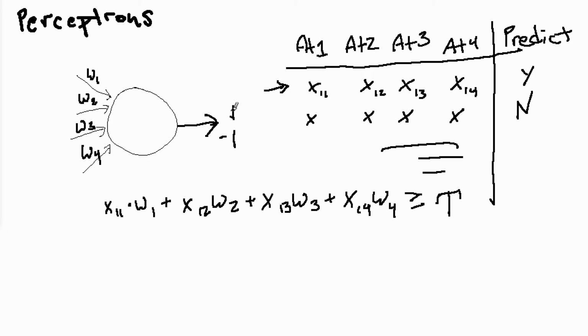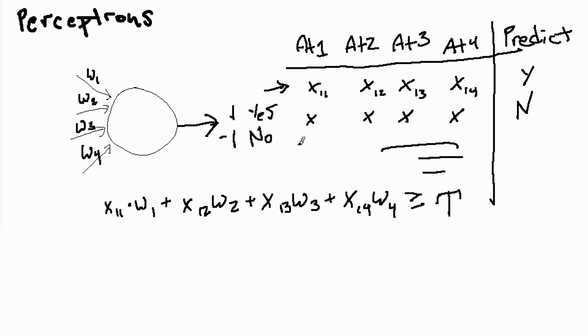Remember last time we had binary output. Now we're going to make it bipolar output. It turns out that the two models are completely equivalent, but it's computationally easier to talk about bipolar. So we will assume that a 1 means yes, and a -1 means no.